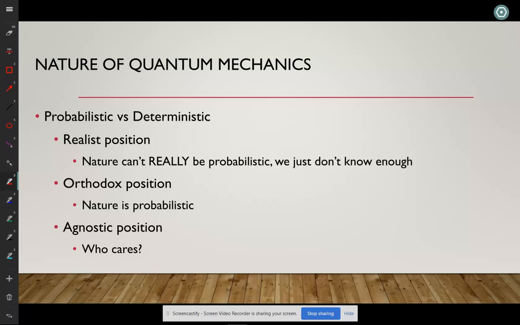So what you could say, the electron is filling the entire orbital that you see in chemistry, but that's not its location, it's filling it. And it's got different percentages of presence in the different locations. So the Orthodox position is that it's non-localized, it's spread out, and that nature is probabilistic.